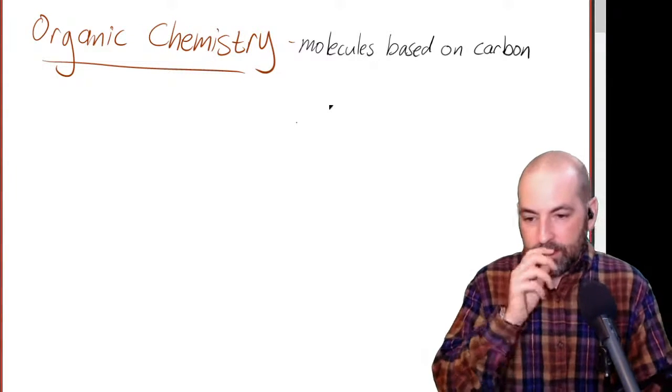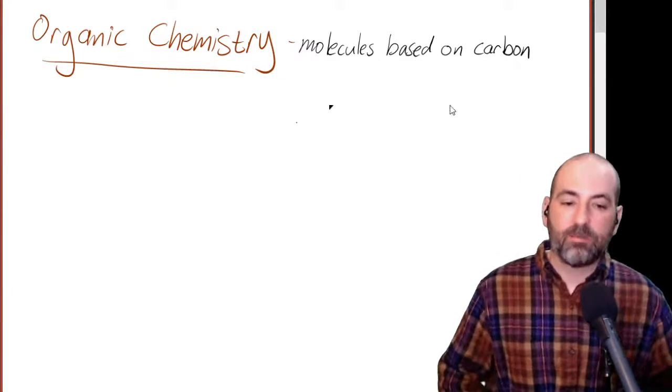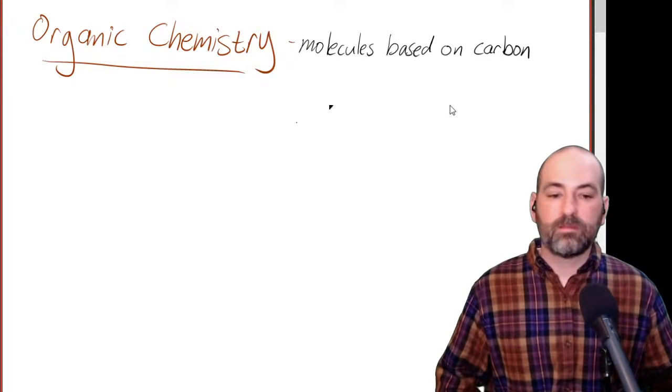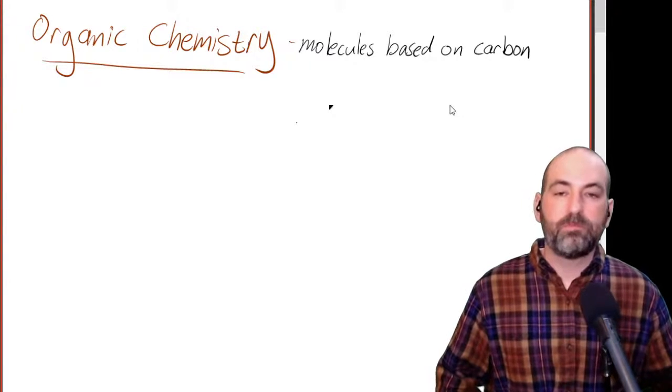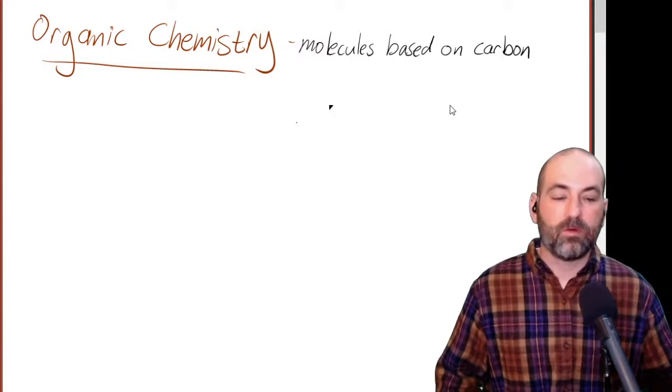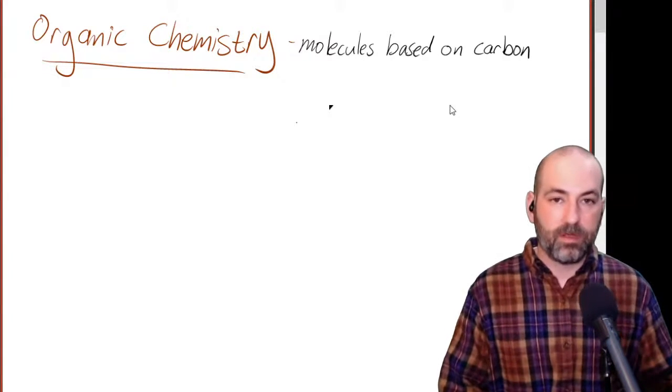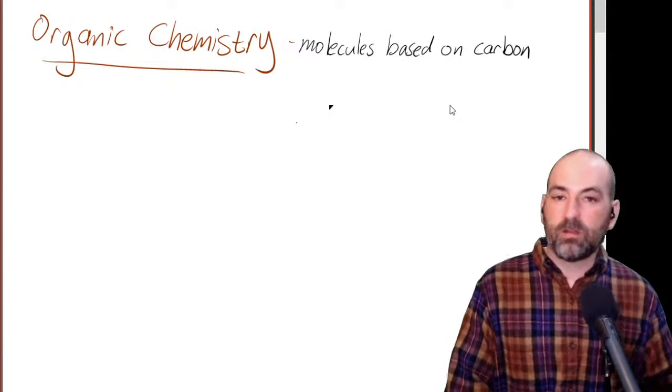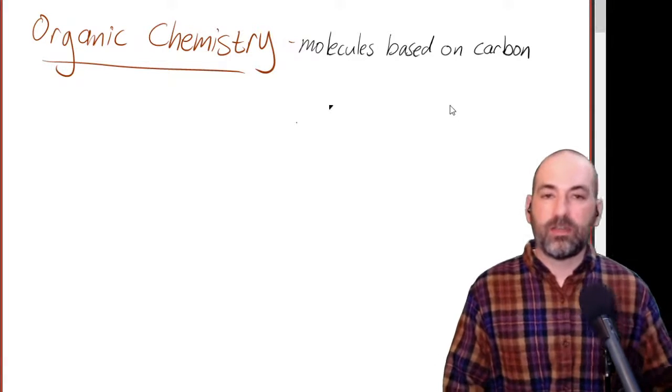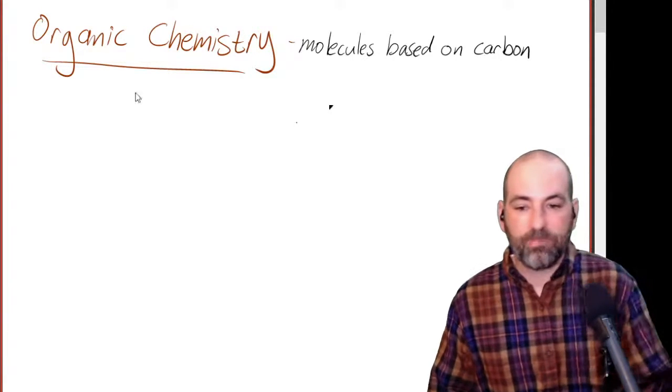All right. So first thing to know is organic chemistry is molecules based on the atom carbon. So organic molecules are mostly carbon in mass generally, and then they're going to have oxygen, hydrogen, stuff like that in there as well.